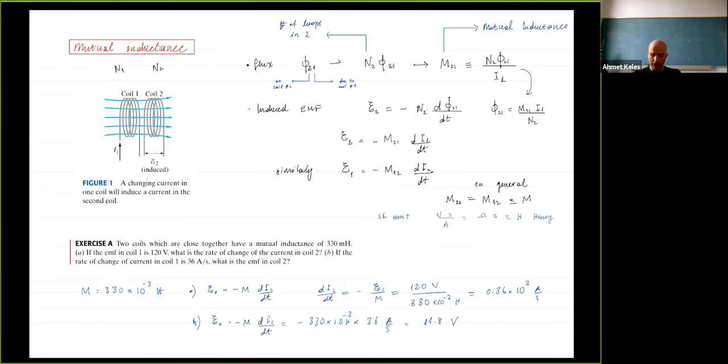If you calculate this induced EMF, the coefficient in front of the dI/dt, in this experiment we are thinking of a current that changes with time, is mutual inductance. And in general, mutual inductance of coil 1 with respect to coil 2 is the same as the mutual inductance of coil 2 with respect to coil 1.